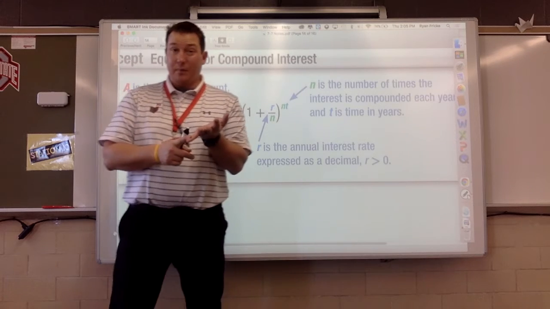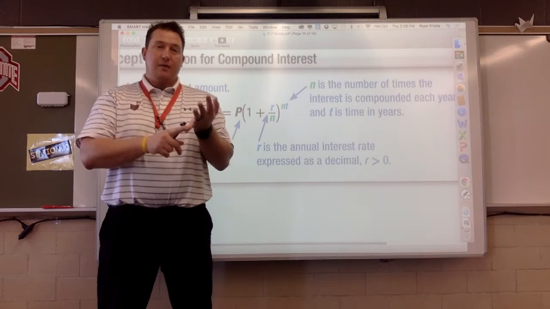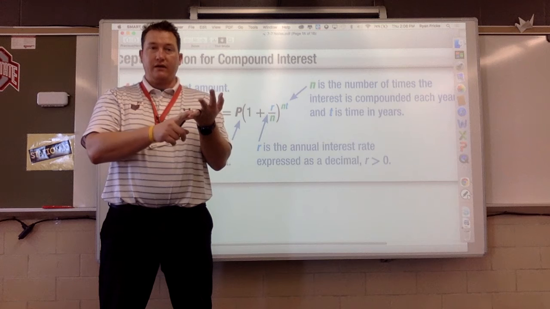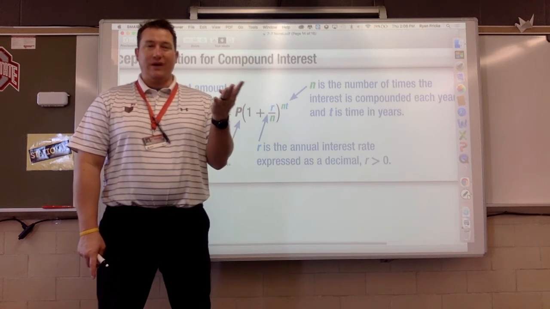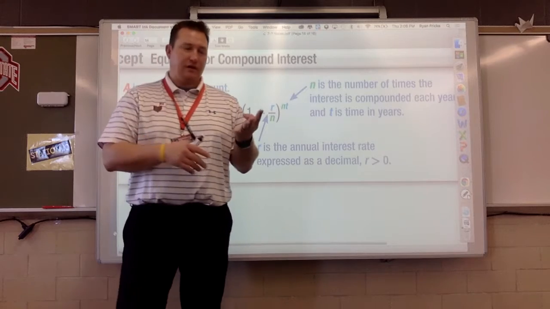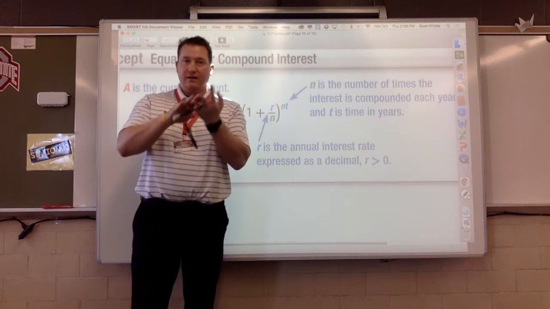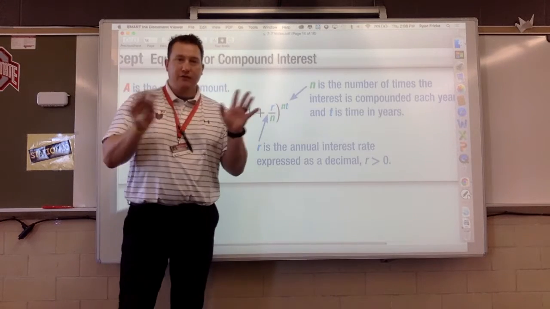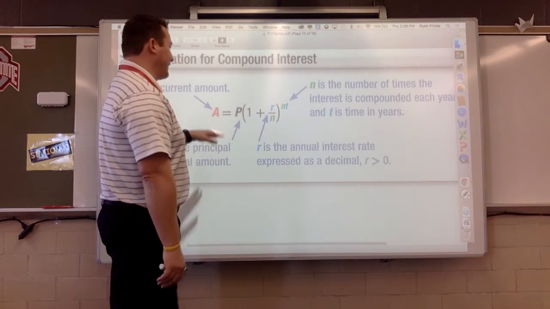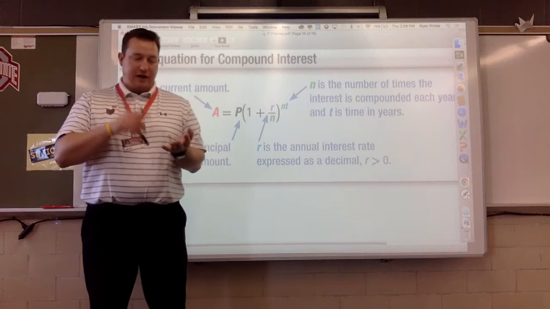So typical examples of compounded interest would be monthly, weekly, daily. You might do like twice a year. That's not very realistic, okay? Usually monthly, daily, okay? Hopefully nobody ever does it hourly, okay? But those are probably your 2 biggest, okay?